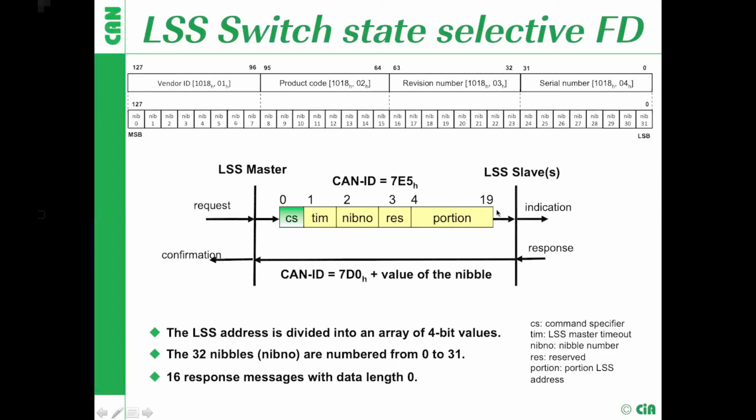So the parameter portion is the 128-bit LSS address, which is already determined. One other important parameter is this NIB number.